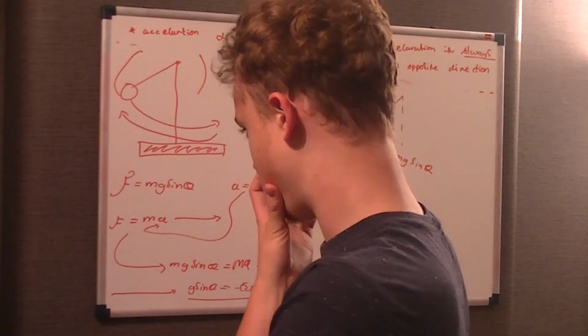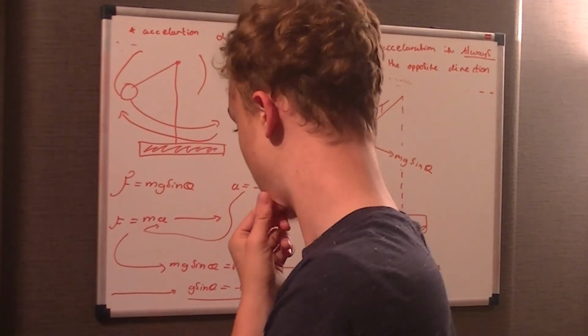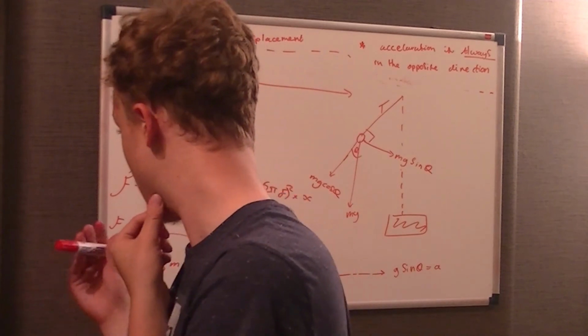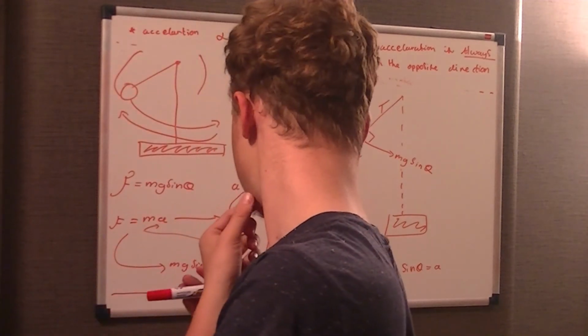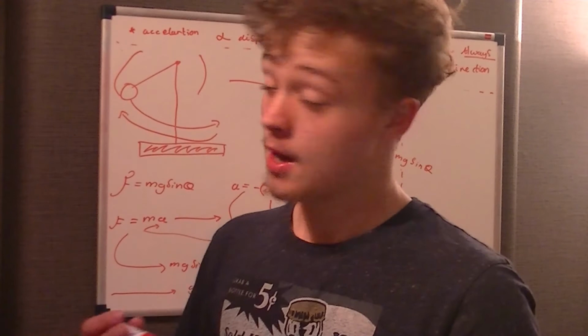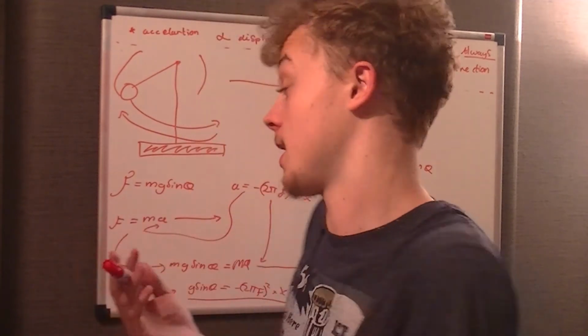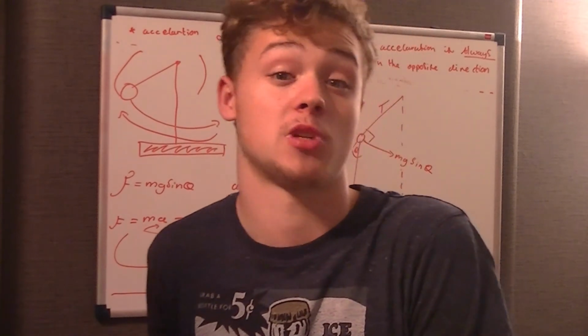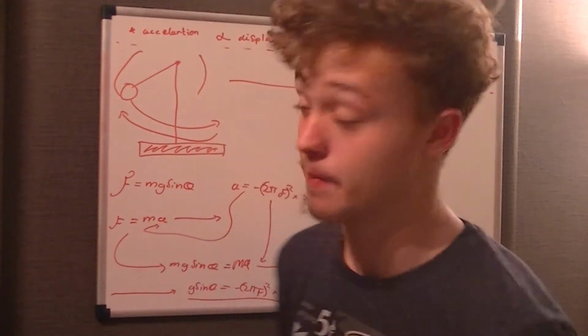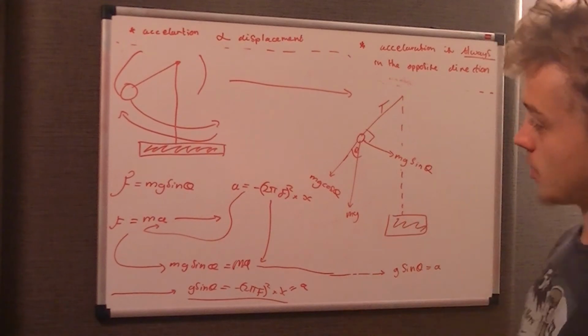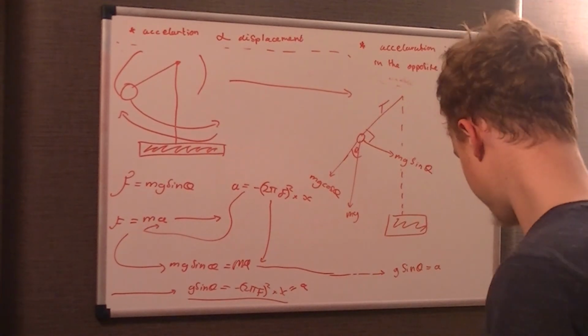And then we put F equals mg sin theta, and as F equals ma, we've put ma equals mg sin theta, so a equals g sin theta. And then we could put our a value into g sin theta equals a, so g sin theta equals minus 2 pi frequency squared times x being a displacement. That's what we've essentially done.